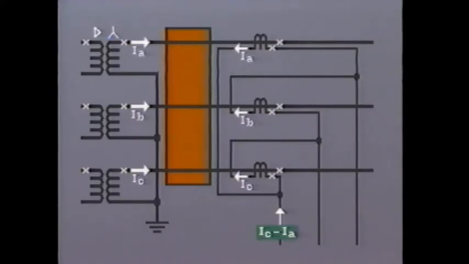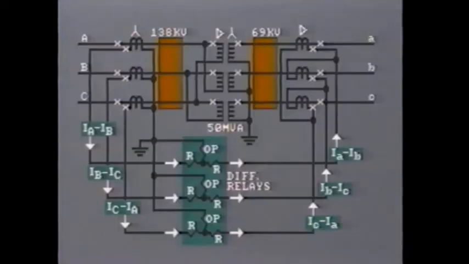Similarly, with the other two phases here, we have IB minus IC, and here IA minus IB. In each case, the current on either side of the differential relay corresponds to its respective line currents. Thus, the phasing is correct.